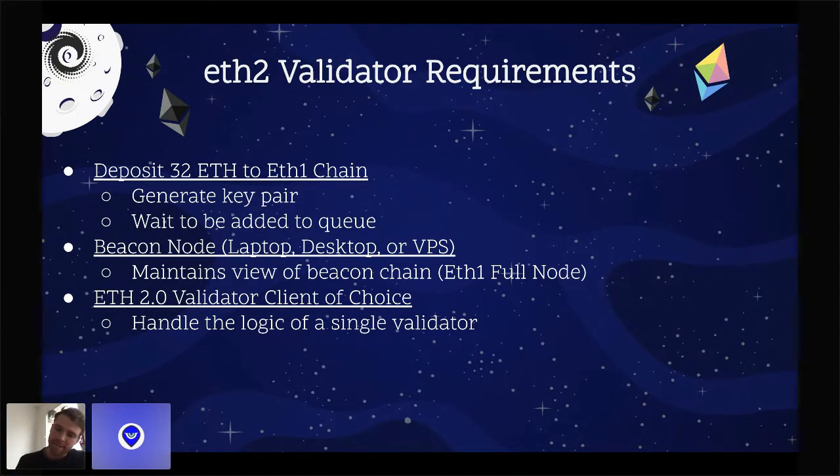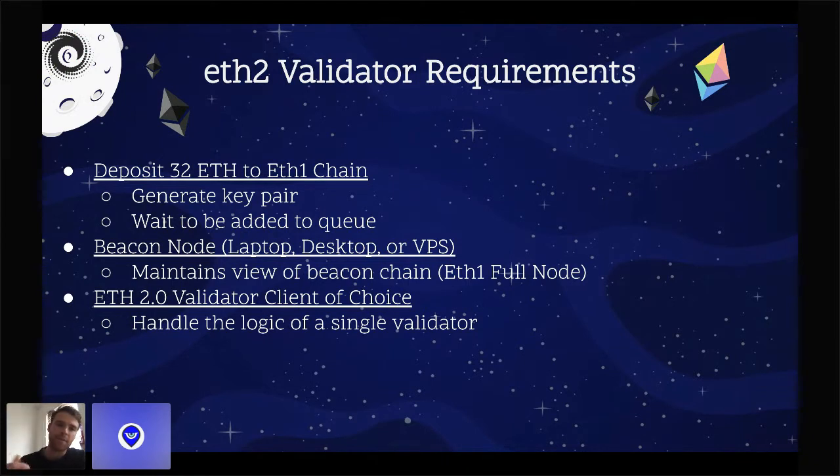It then sends it to the ETH1 chain, and your ETH1 is burned, and in return, you get BETH. During this process, you will generate a key pair offline. This process is very technical, because it requires you to understand how to manage your own keys, and you will generate 2 pairs of them. There's a hot and a cold. That's a bit out of scope of what we'll talk about today, but that's one of the main things you'll do in that flow.